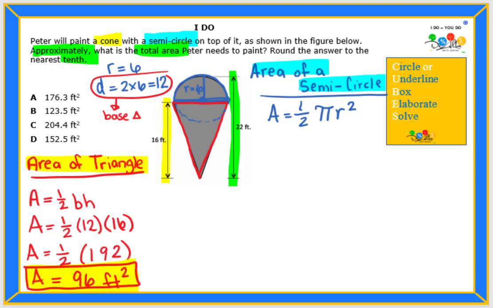So now let's find the area of our semicircle. We have area is half of pi, which we will use 3.14, times the radius. We found out the radius is 6, and that needs to be squared.